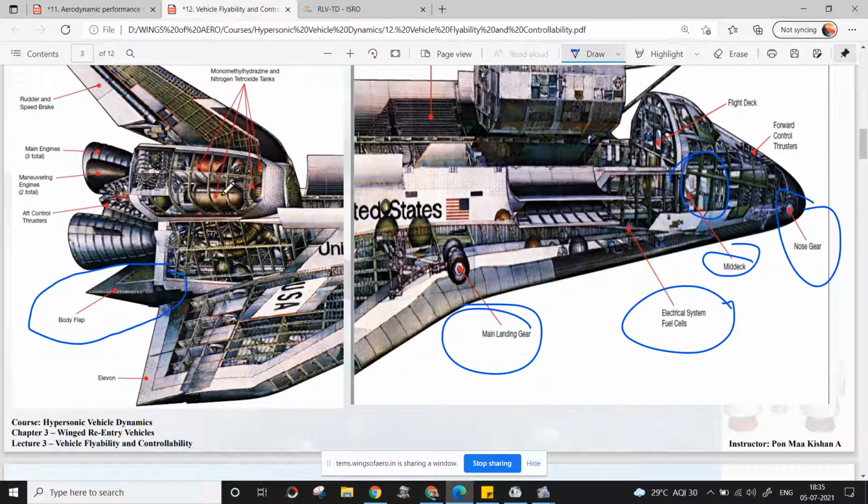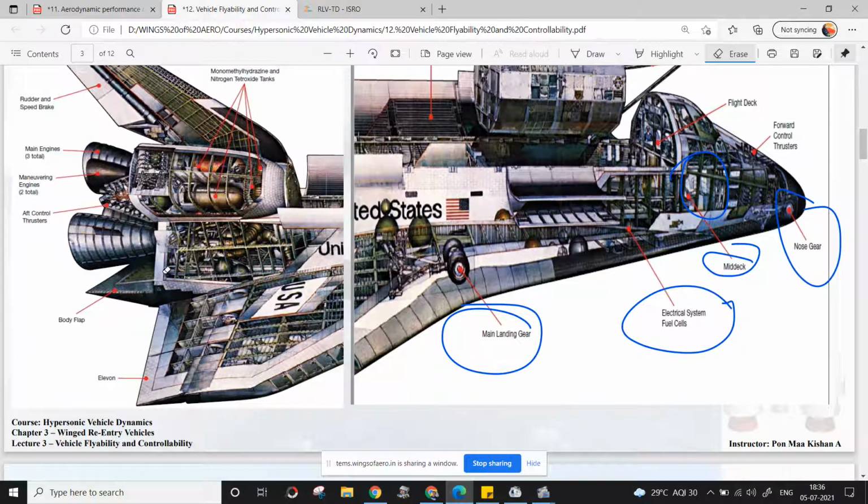So sometimes in books or research articles, they call every control surface a flap. Okay, so that is a general term. But when we are learning, we have to be very clear about which one indicates the flap. Here in the space shuttle configuration, they have a body flap under the engine. I will explain how this body flap helps our vehicle's stability and control also. Okay.